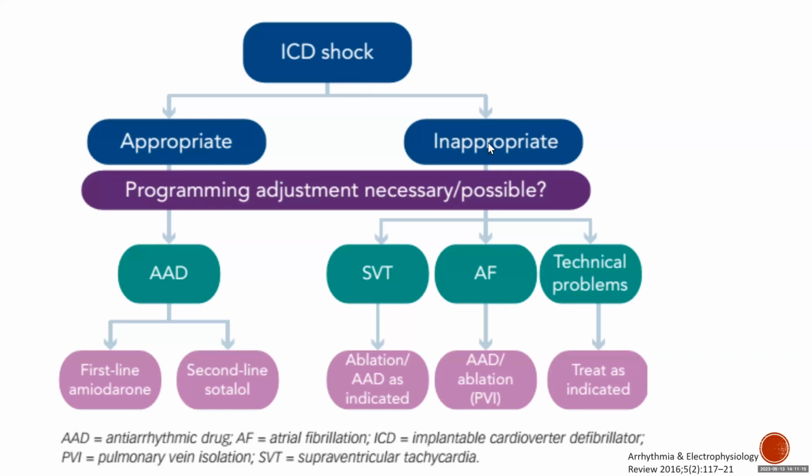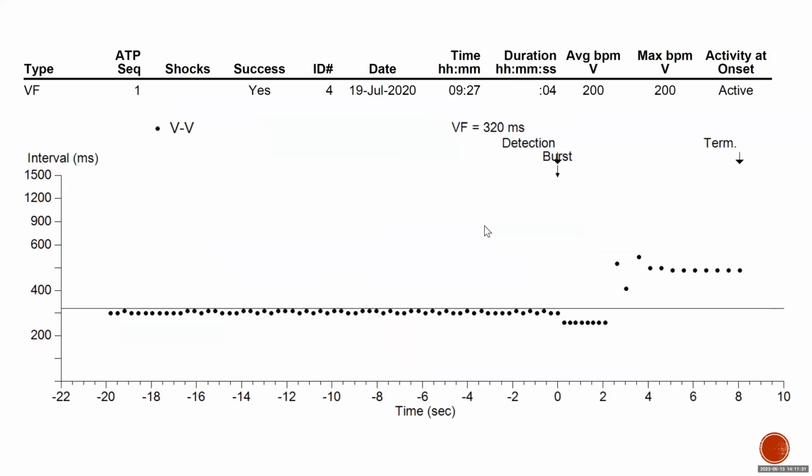And then if it's inappropriate, is it SVT or AFib or a technical problem? Well, it's not AFib because it's regular. It's SVT, and it's not a technical problem because there was tachycardia. So this patient had inappropriate therapy because of SVT, and then you manage the patient for the SVT. So beta blocker, you refer for ablation, and so on. Okay.